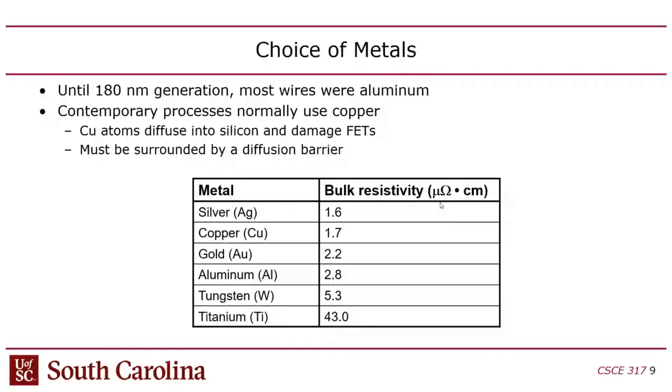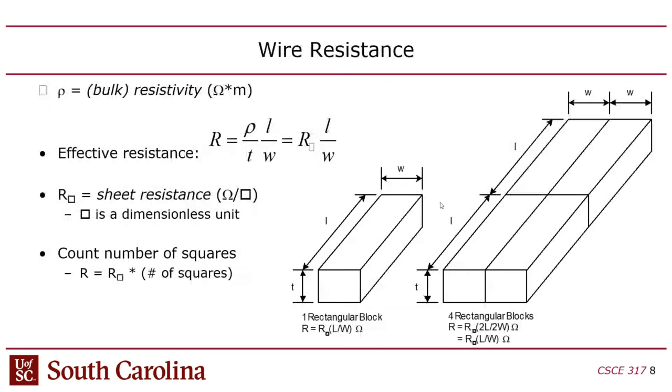So as I mentioned, these different metals have different bulk resistivities associated with them, or sometimes just called resistivity. And that is expressed in terms of microohm centimeters, which is an odd way to do it. What does that mean?